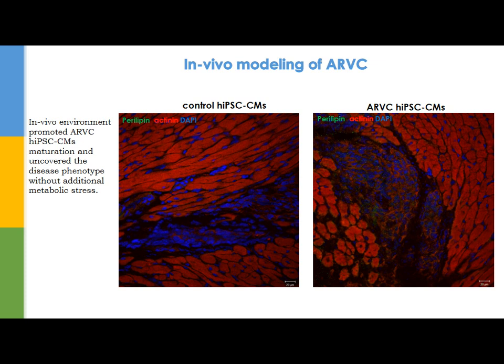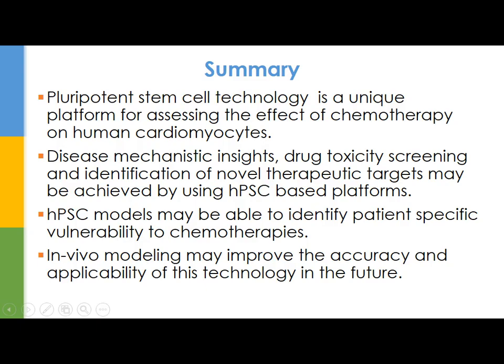And we are currently using this in vivo modeling technique to model chemotherapy-induced cardiomyopathy, and we will be very happy to collaborate on that. So in summary, pluripotent stem cell technology is a unique platform for assessing the effect of chemotherapy on human cardiomyocytes. Disease mechanistic insights, drug toxicity screening, and identification of novel therapeutic targets may be achieved by using the human pluripotent stem cell-based platforms.